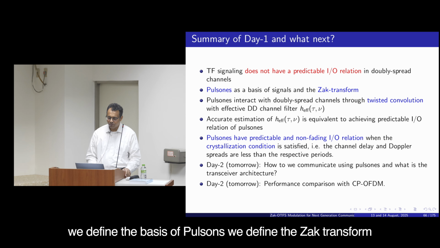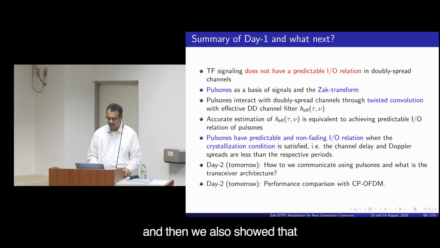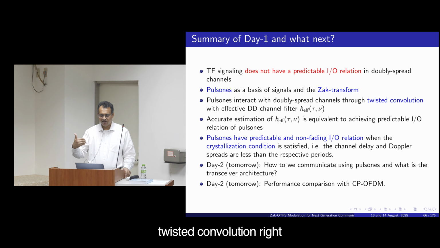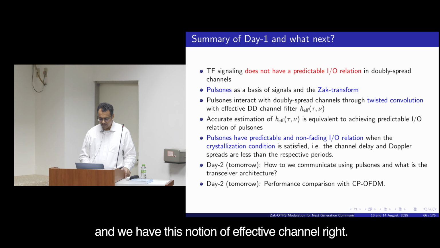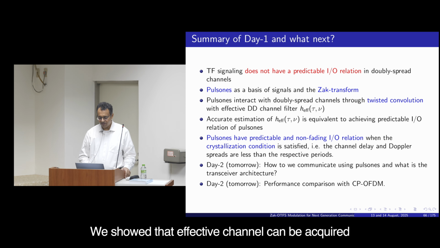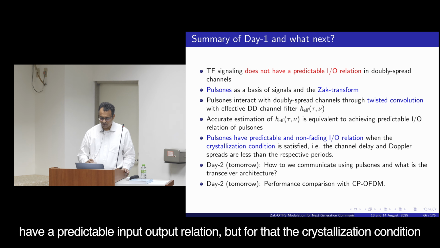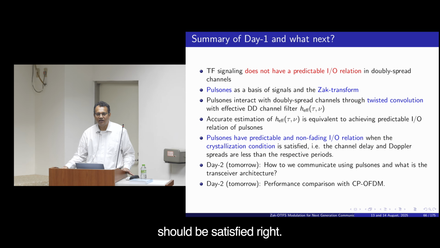We defined the basis of pulsons, we defined the Zak transform, and then we also showed that the way pulsons interact with doubly spread channels is through twisted convolution, right. And we have this notion of effective channel. We showed that the effective channel can be acquired, and if you can acquire it reliably, then you have a predictable input output relation. But for that, the crystallization condition should be satisfied, right.